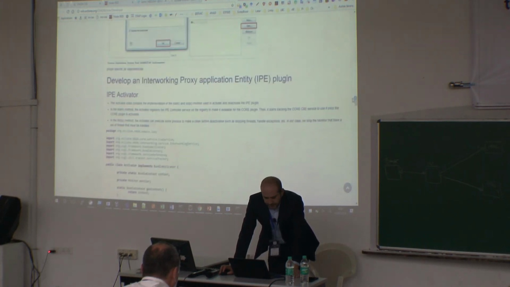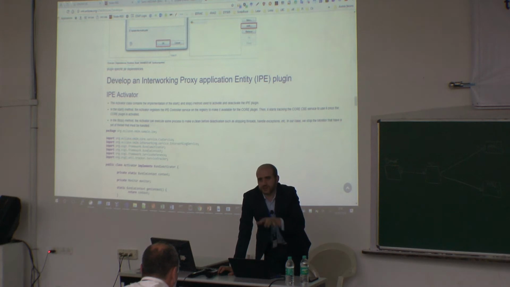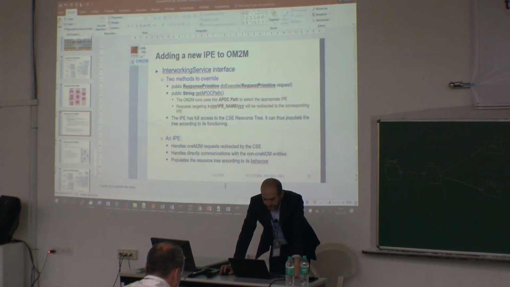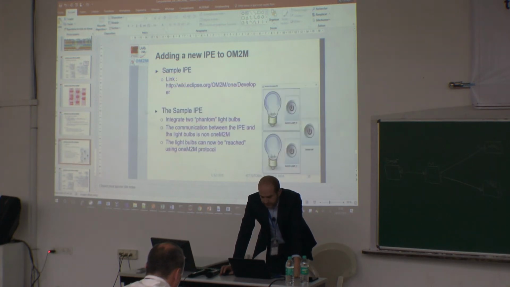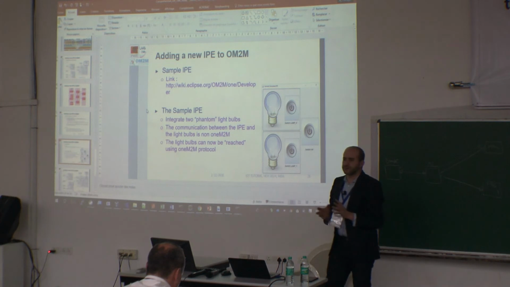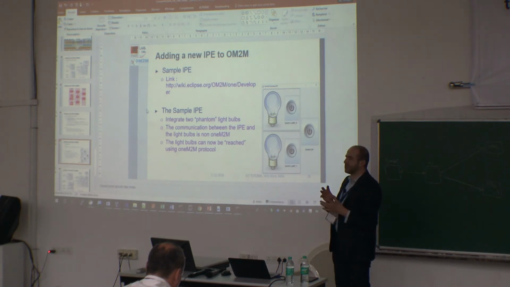Okay. So next step, I'm going to show you an example of an IPE that is already available in source code you can download from Eclipse. It's called IPE Simple. Basically, it's an interworking proxy that communicates with two virtual light bulbs.